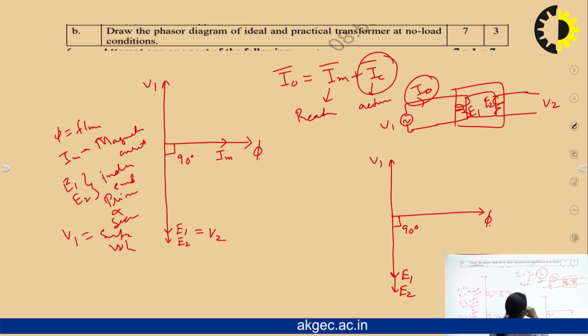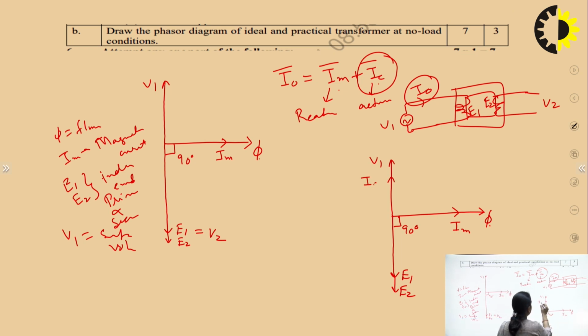So if we add these two currents, we get the resultant I0. First IM, we know that IM will be in the same phase with phi. And as IC is the loss component, and losses happen in the resistance, in a resistance V and I are both in the same phase. So we can draw this in the same phase with V1. So IC will be here.